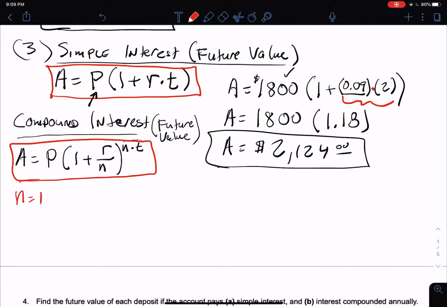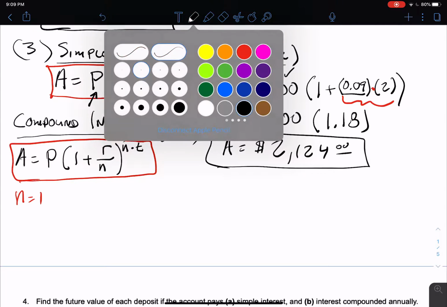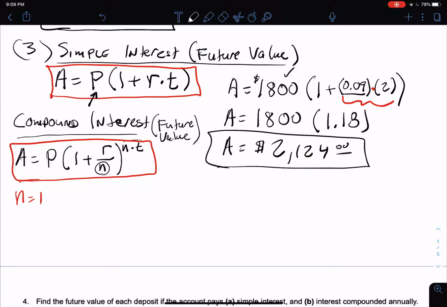Okay. So when we go ahead and fill out our information, by the way, that means that this is going to be 1 and that's going to be 1. But let's go ahead and show all that.